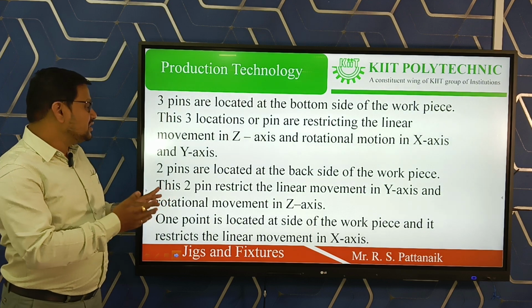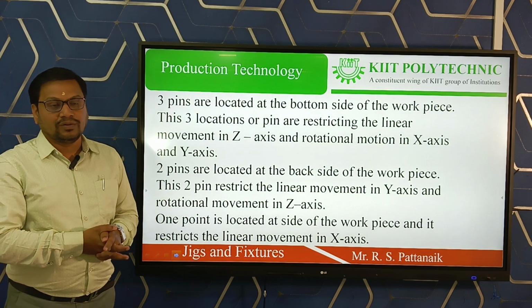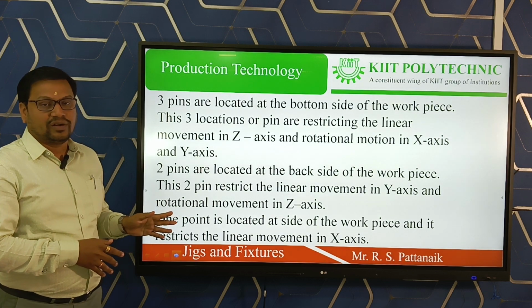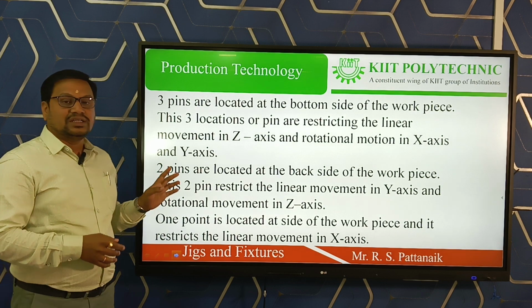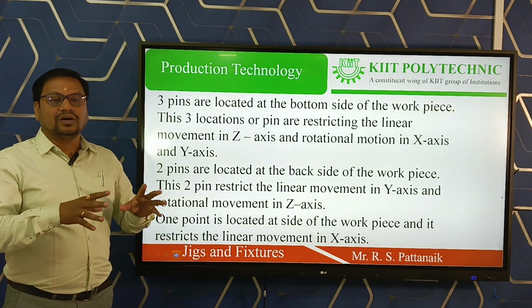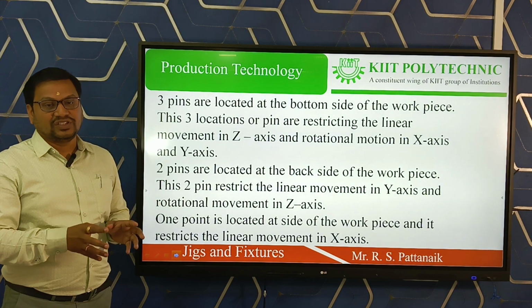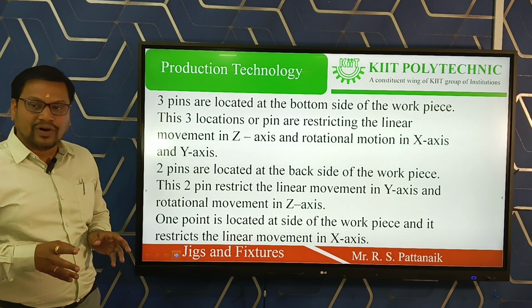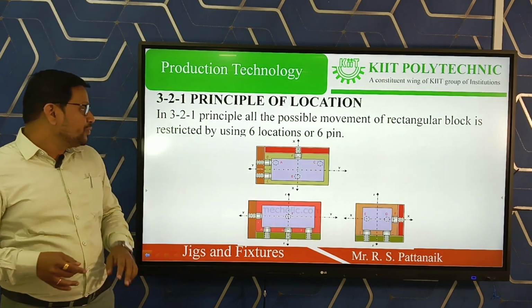This is also known as 6 pin location or the 3-2-1 principle of location, which is very important from the exam point of view. So by using these 6 locations, we can restrict all the possible movements of the workpiece in jig and fixture. This is all about our topic, jig and fixture.